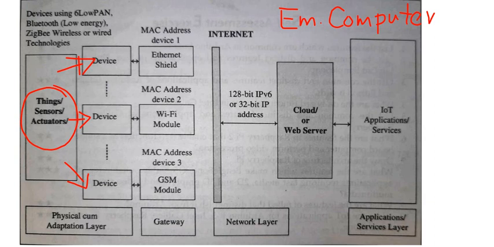Let me give you a small example here. I have got a fan. Maybe in the very beginning I gave you this particular example. Now I have got a single fan here, which is going to be controlled by virtue of your IoT.